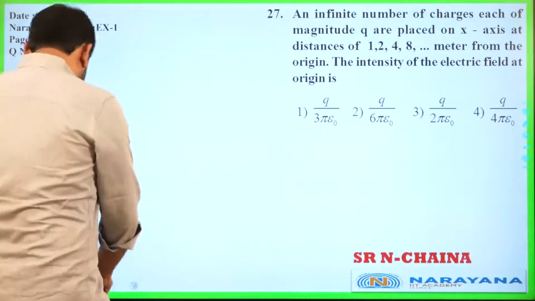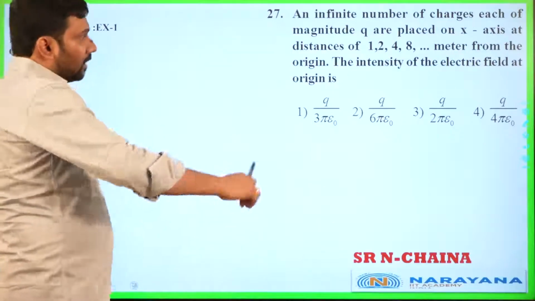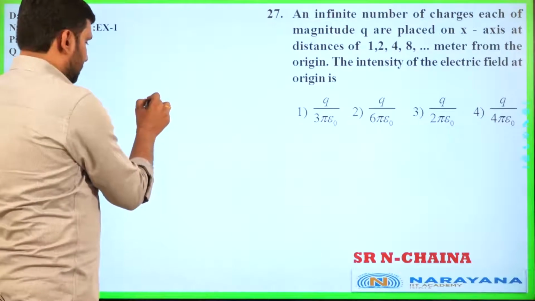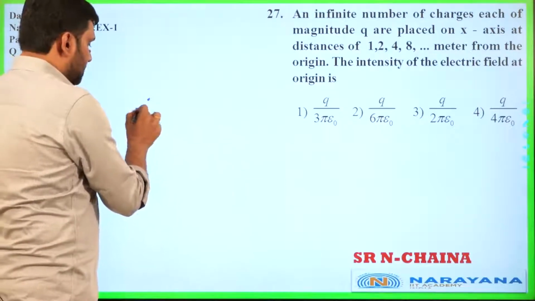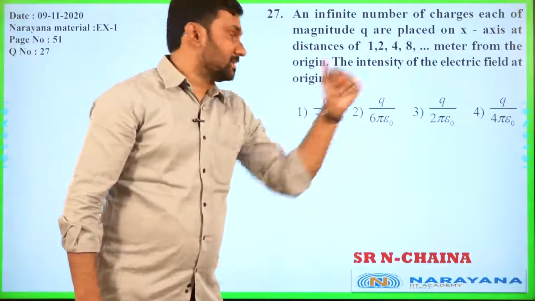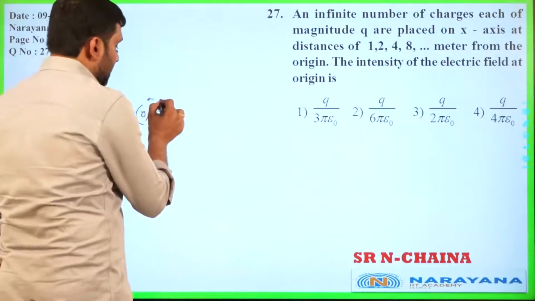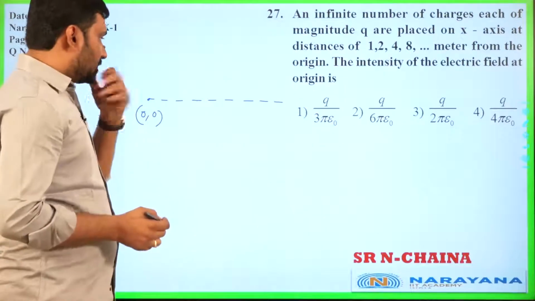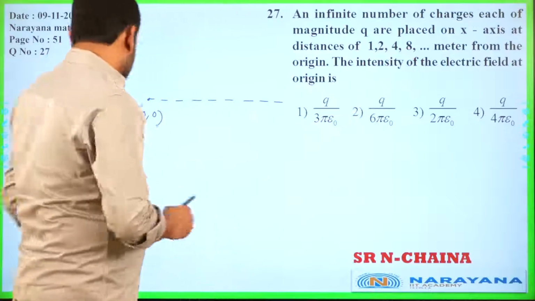You see, I will take the origin of coordinate, let us say here. This is 0, 0, right? And I am going to place all the charges along x-axis, like this.